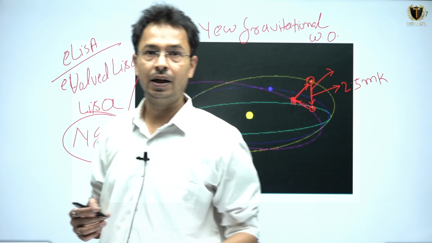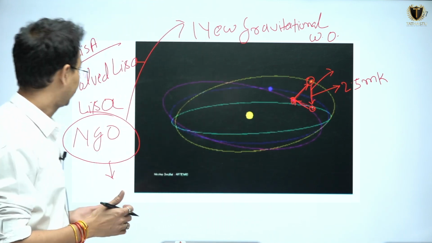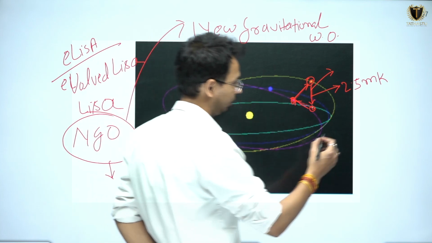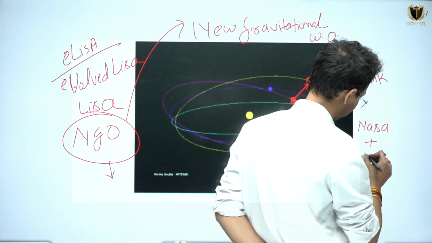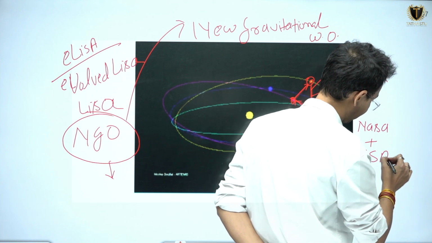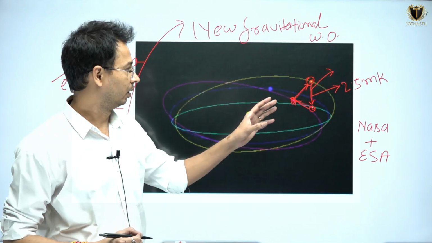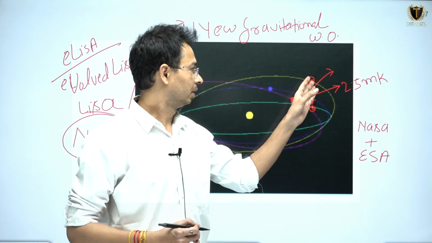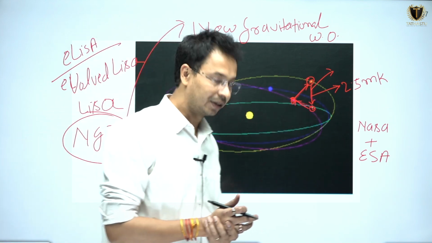Initially, NASA and ESA, the European Space Agency, came together in 2011 and proposed that we will put these satellites and we will call this LISA. But after some time, what happened?